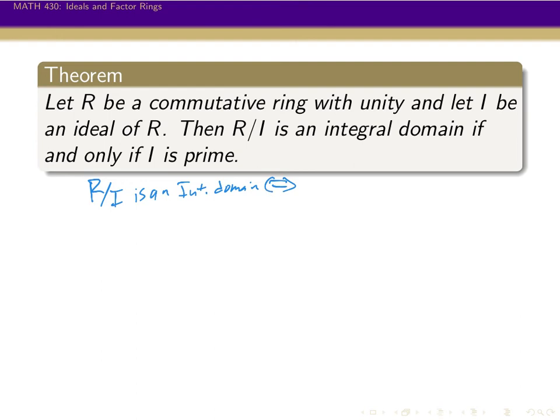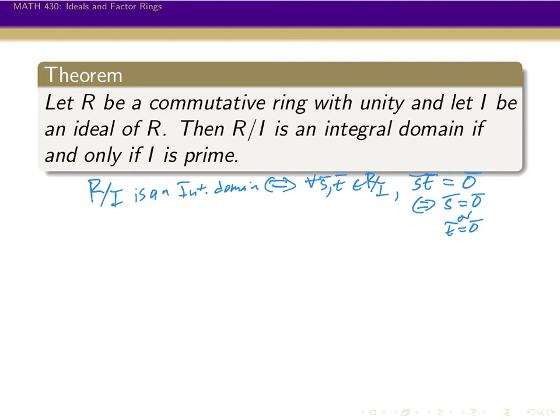Well, this happens if and only if for any S bar and T bar, so we're using the bar notation to talk about the cosets in R mod I, S bar times T bar equals 0 bar if and only if S bar equals 0 bar or T bar equals 0 bar.